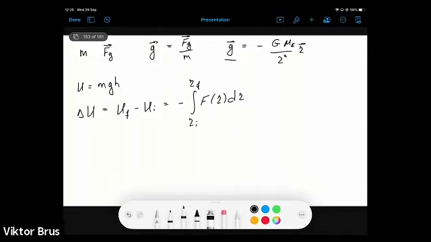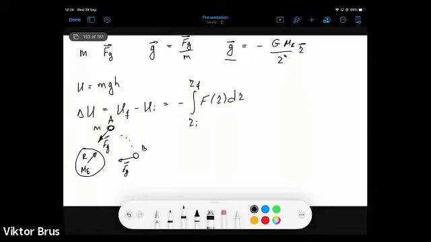So let's say we have some planet, Earth, with radius r and mass m_E, and we have some object next to the planet with mass m at point A. When it moves to some new point, let's say point B, there is a gravitational force acting on this object from the side of the planet.